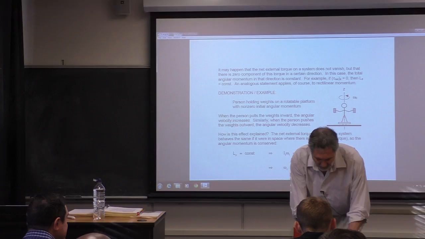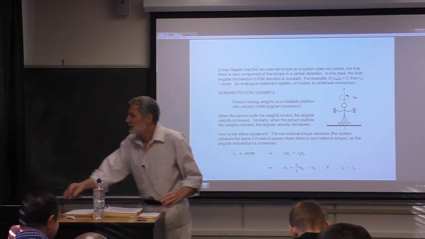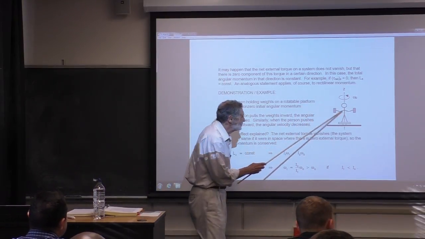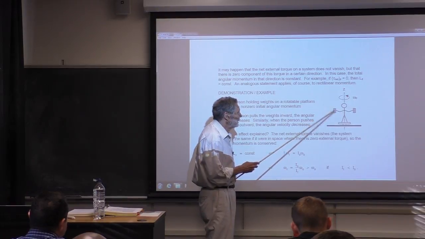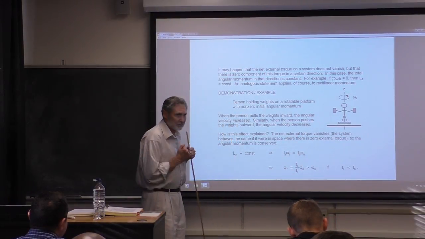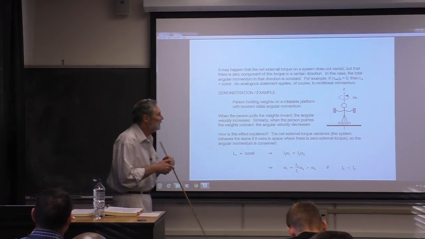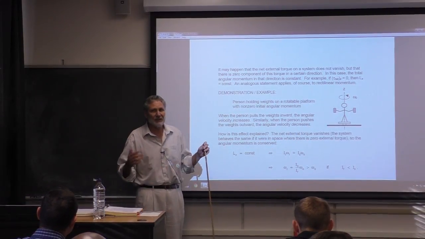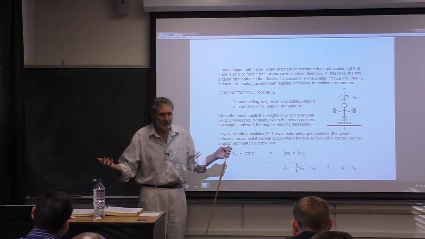So, what's happening here? We have some initial state we've chosen to be this. You can think of some final state where the weights are closed in here. There's no torque on this system. What you just saw there, you would see out in space.